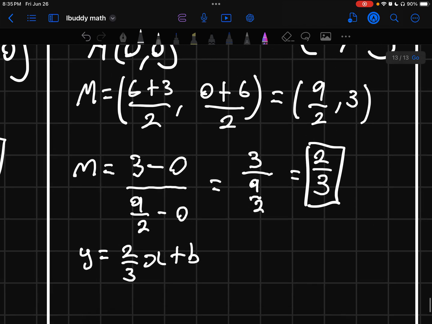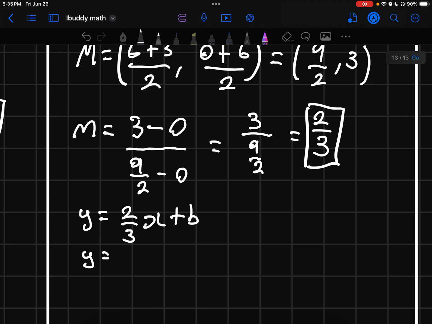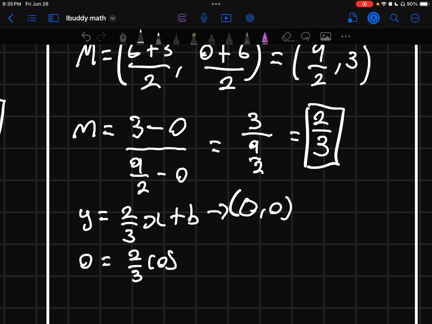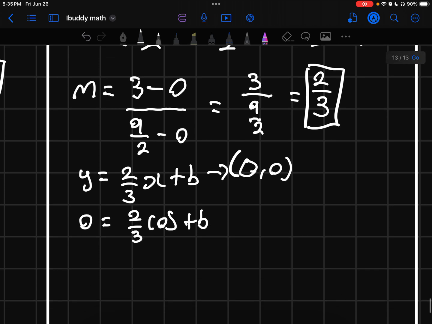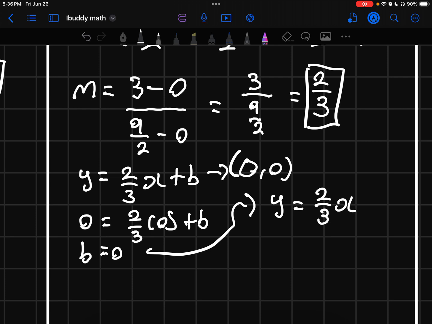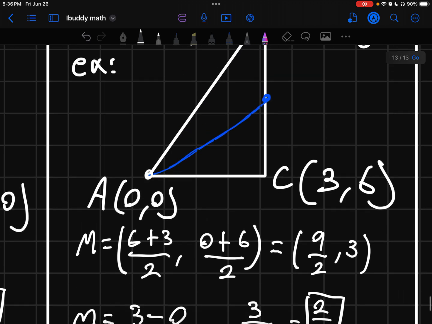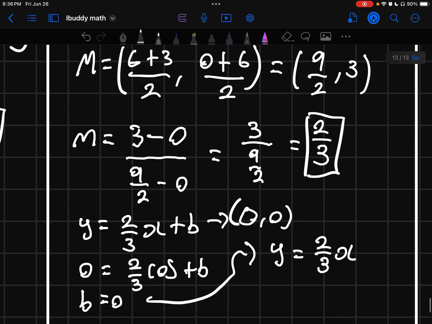So 0 is equal to 2/3 times 0 plus b. And that gives us b is equal to 0. So the equation would be y is equal to 2/3x. When you find the equation for the centroid, you have to plug the vertex in.